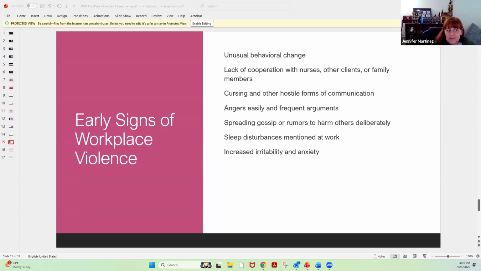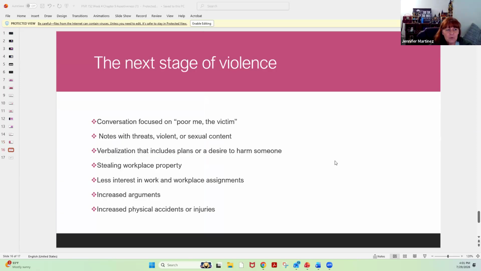So if they're starting to spread more gossip and rumors, if they start saying that they're having some sleep disturbances, increased irritability and anxiety, they start making some uninvited sexual remarks, they have hostile responses, then eventually they may start with things like poor me, play the victim.